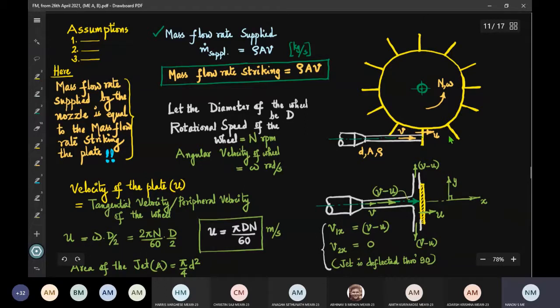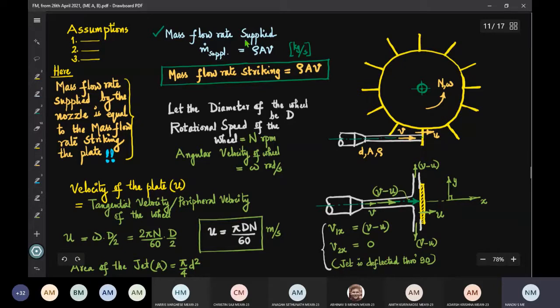So therefore, every time the jet is capable of striking a vane in the same vertical position. That means the entire mass flow rate supplied by the jet is utilized. So that is very special about a series of vanes mounted on the wheel. So please note this one.